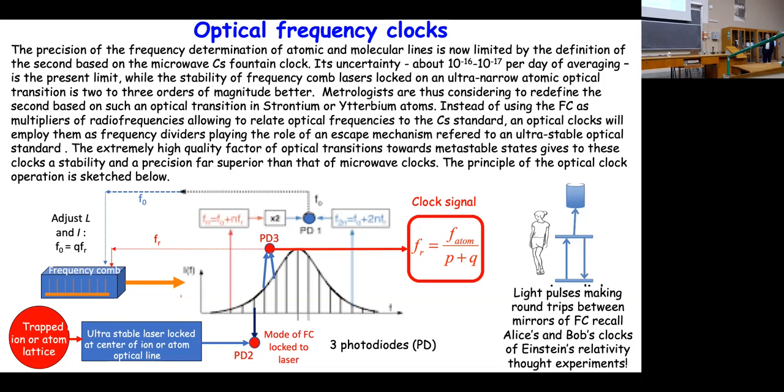Einstein, in fact, used this kind of clock, pulses of light going back and forth between mirrors. And it's exactly what we do now. With lasers, one is able to realize the kind of virtual atomic clocks that Einstein imagined in the thought experiments at the beginning of the 20th century.